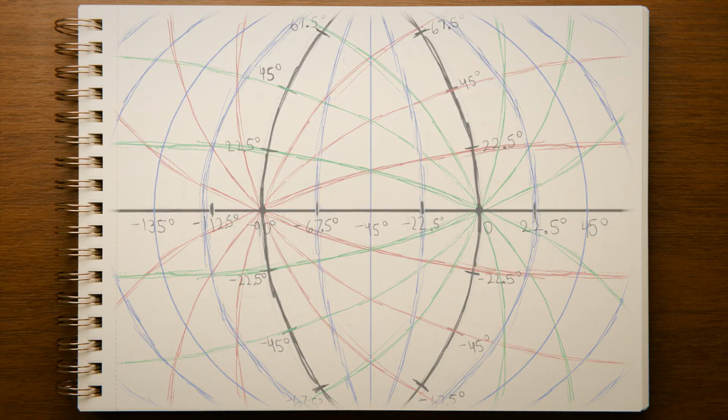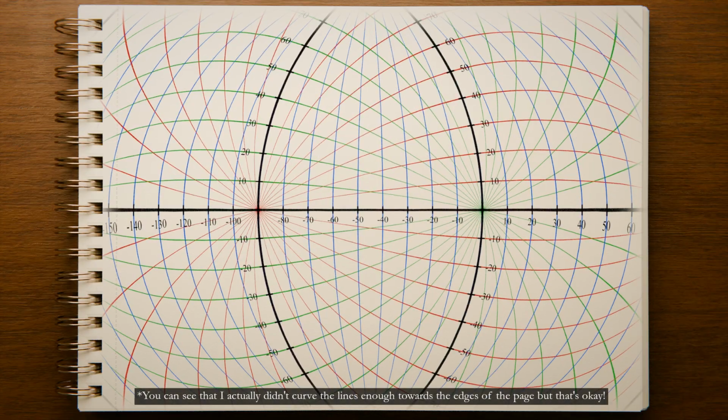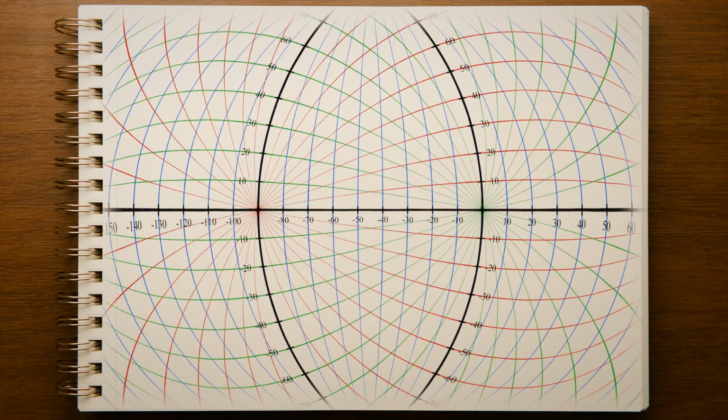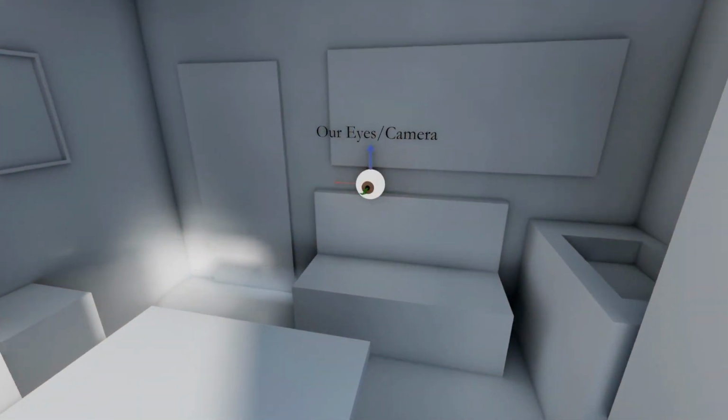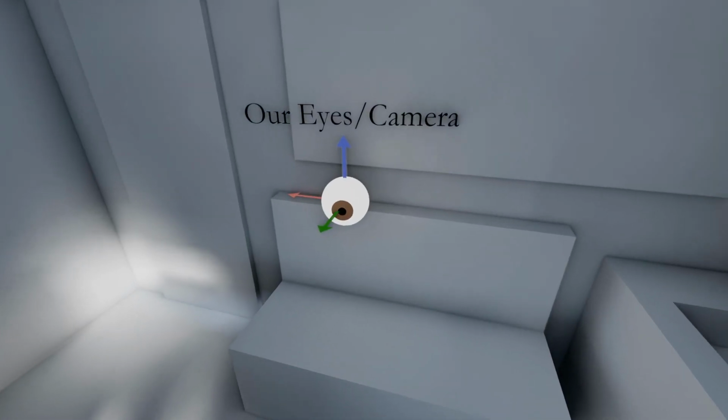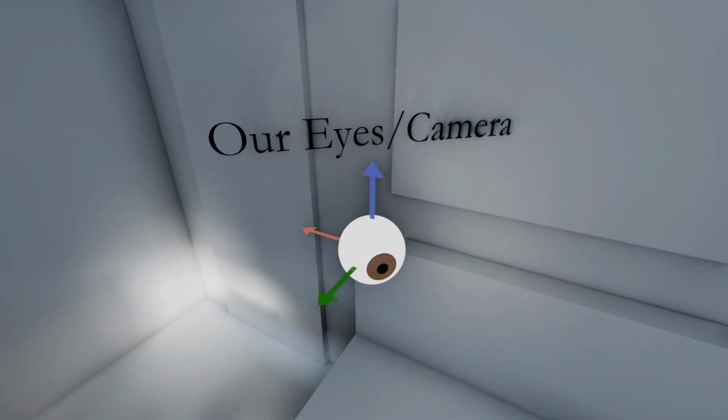And there we go, that's the final grid. So let's go ahead and try this grid on our test scene. Remember that this grid is for an orientation of 45 degrees about the z-axis. So we'll rotate the camera by 45 degrees, and then let's put it in a nice little spot like this.